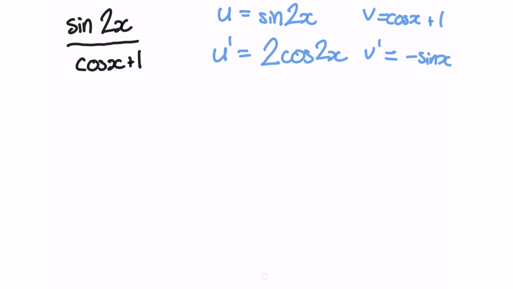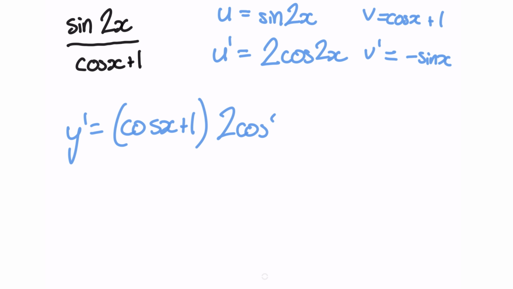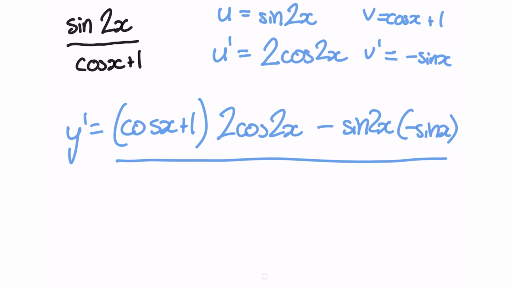Therefore, our derivative will be cos x plus 1 times 2 cos 2x, minus sine 2x times negative sine x, over v squared, which will be cos x plus 1 squared.